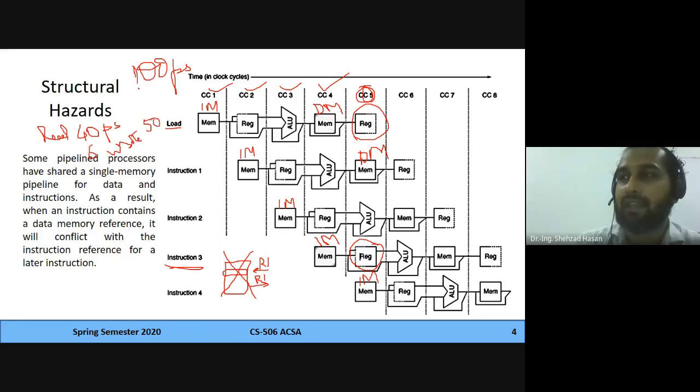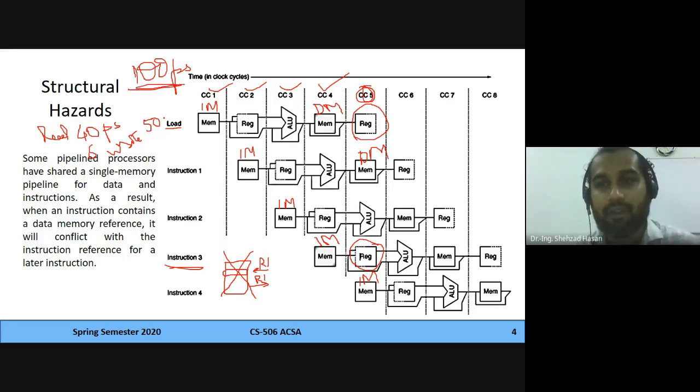Then I can say that, okay, I can have two different operations in the same cycle, provided I divide that cycle into two halves and manage reads first or writes first, any one of them earlier, and the second in the later half of the cycle.